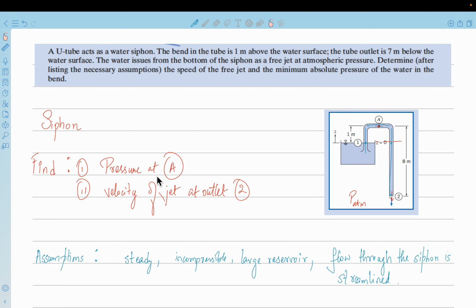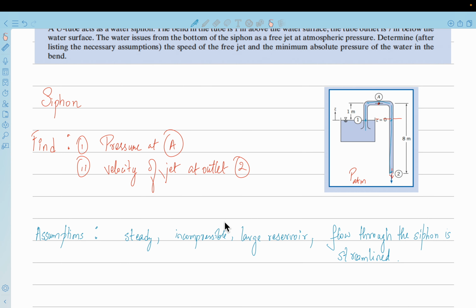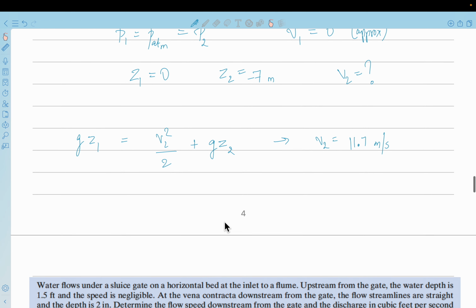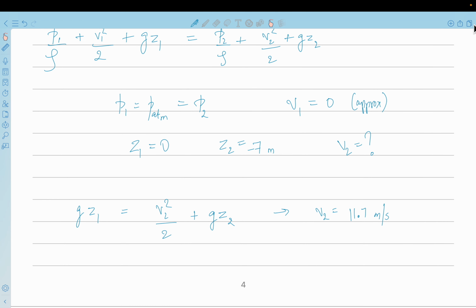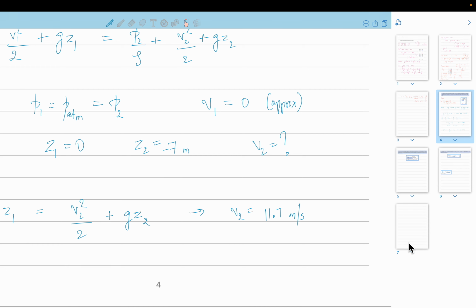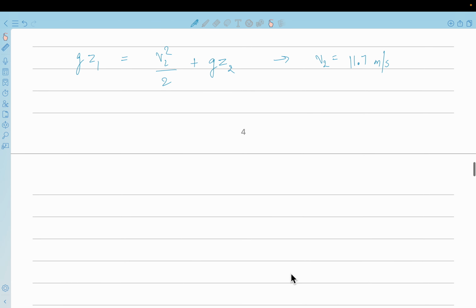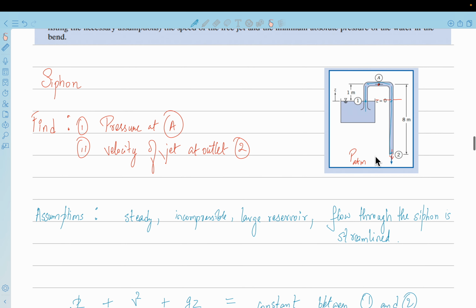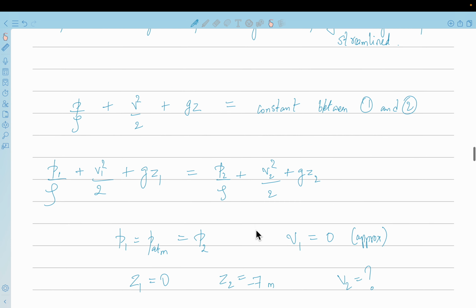Now we also have to find the pressure at location A. So what do we do? Again we can apply the Bernoulli's equation, but this time between location 1 and location A, right?